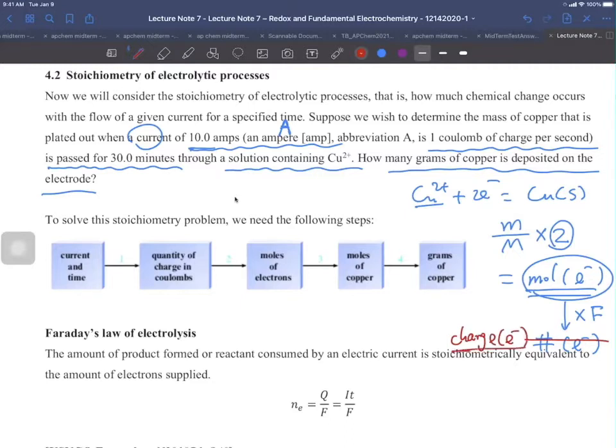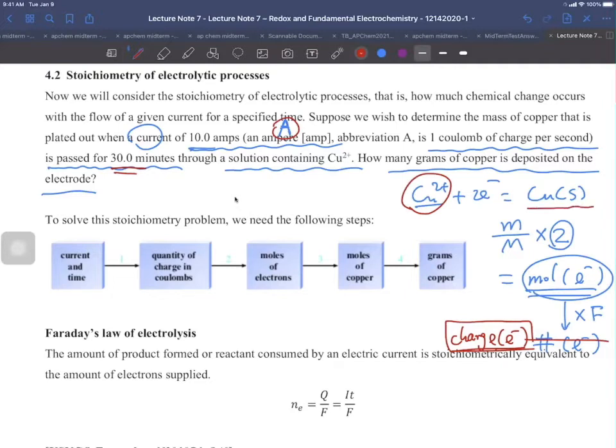If we get the charge of the electrons, then we can use the current times the time to get the same charge as well, which means the charge going through the circuit is 100% used to convert the copper 2+ into the copper.